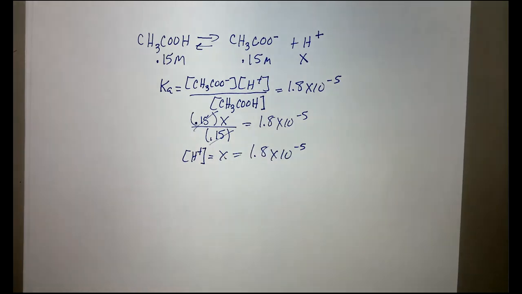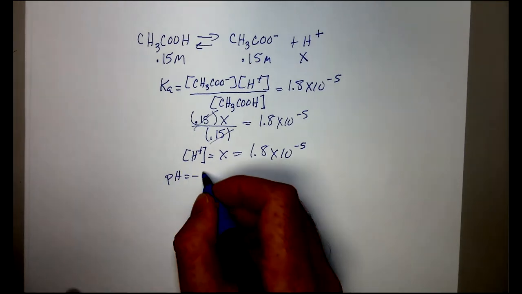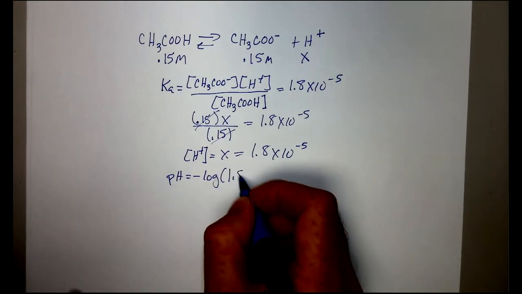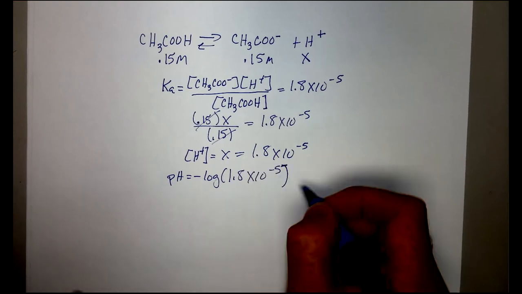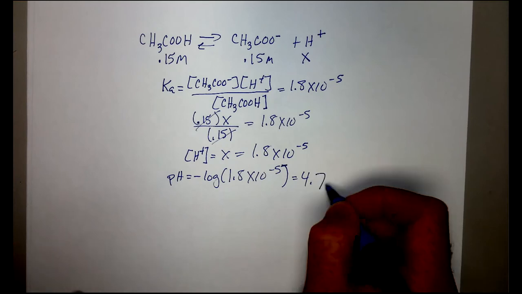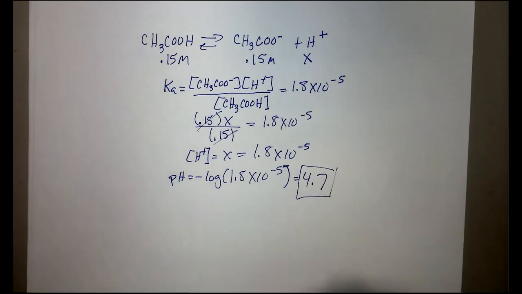Now, if I want the pH of that solution, that's going to be the negative log of 1.8 times 10 to the negative fifth. That will be equal to 4.7, and that would be our answer for that particular one.